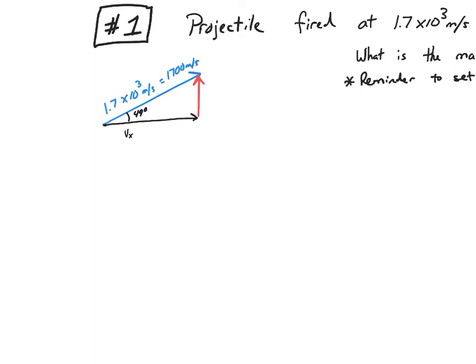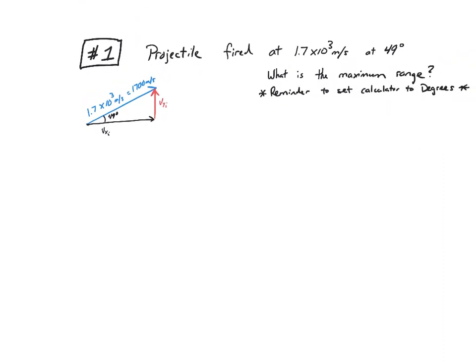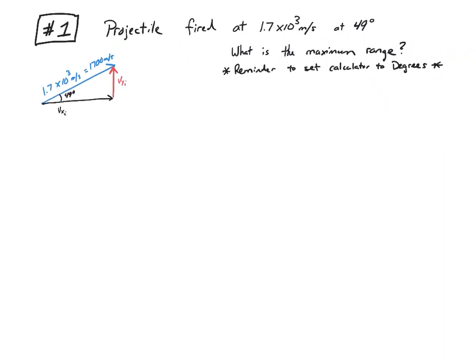Then, as we've done before, break the velocity vector into its initial x component and its initial y component. To do that, you're going to go back to your trig functions with sines and cosines. So double check your calculator, and then you can start typing things in to find the initial y component using the initial velocity.